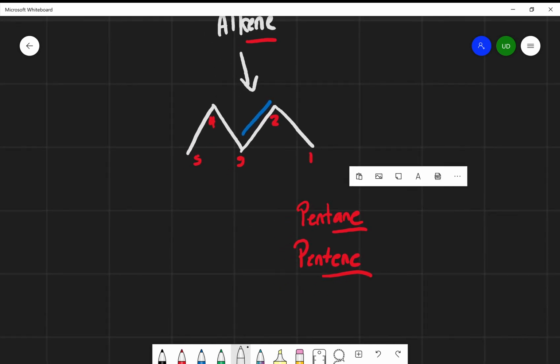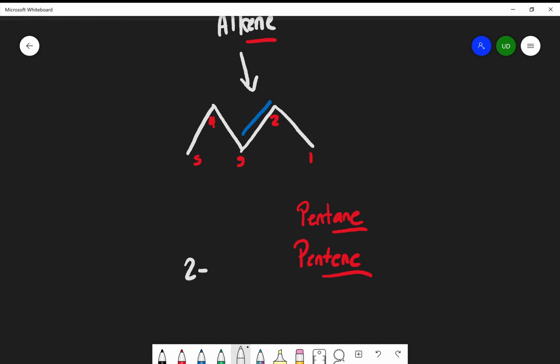Since we have the double bond on 2 and 3, you want to start by numbering it on 2. So it'd be 2-pentene, because this is where our parent group is. Okay. But we're not done yet.